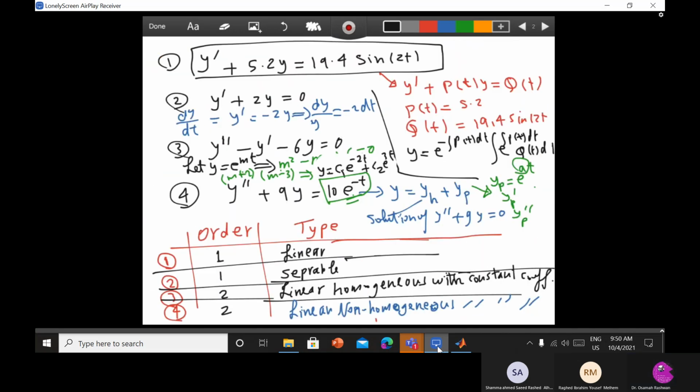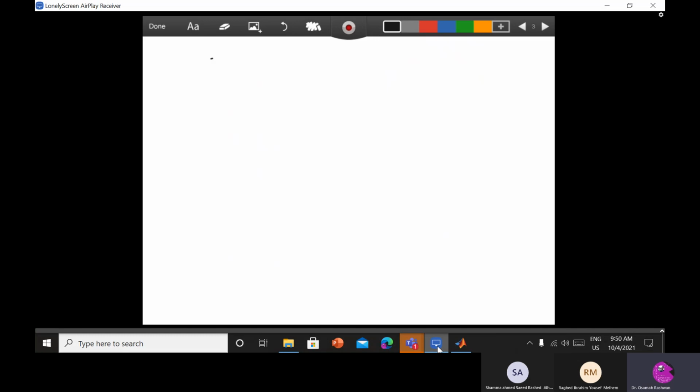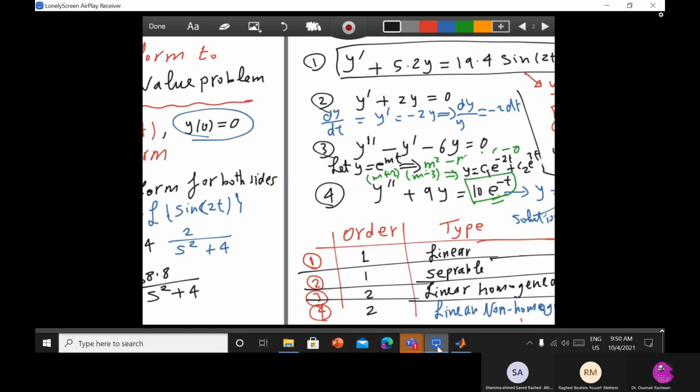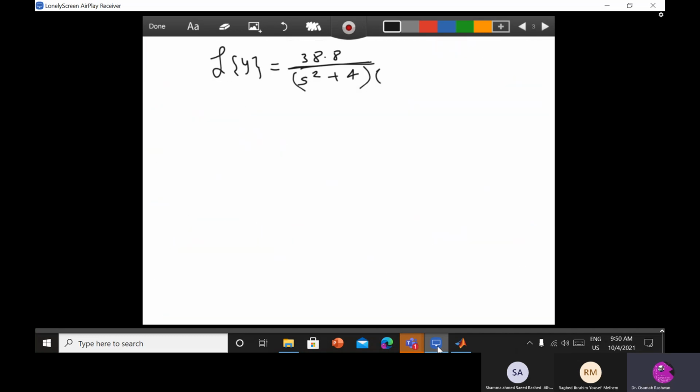So Laplace of y will equal 38.8 over s squared plus 4 divided by this value, s plus 5.2. Okay. Now, I would like to have y.